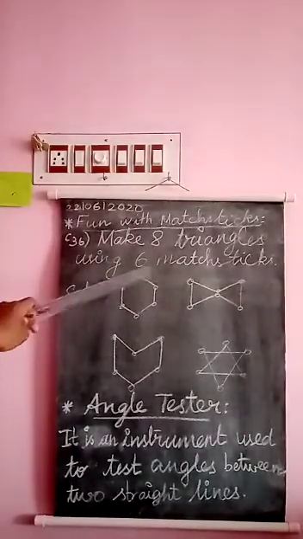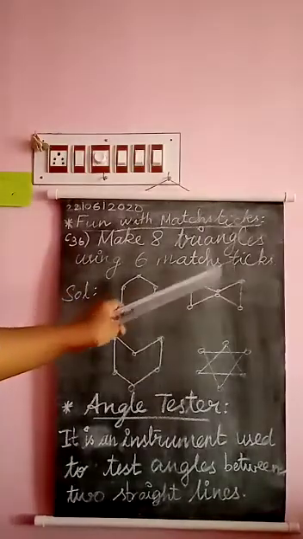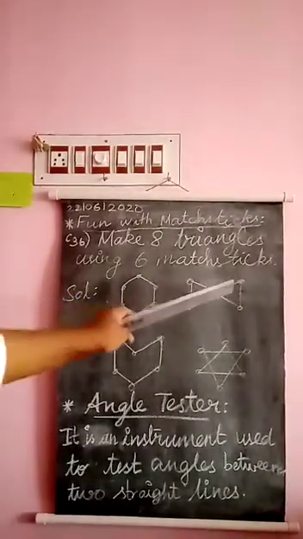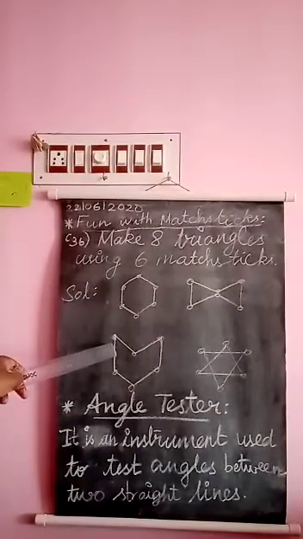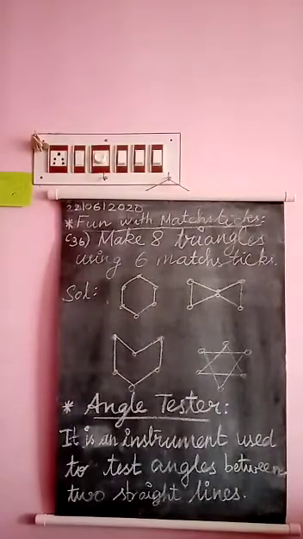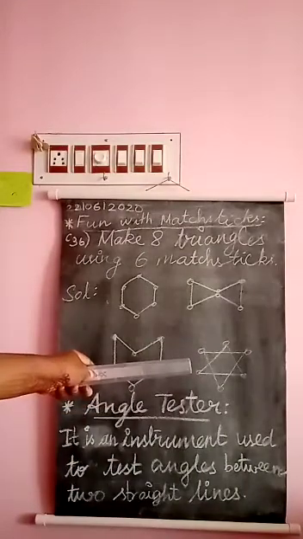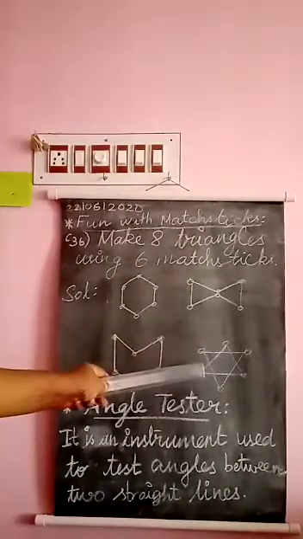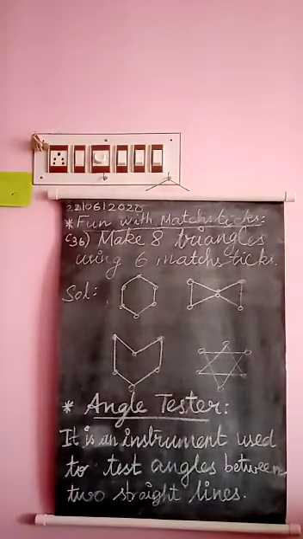Now look into this figure. 1 2 3 4 5 6 matchsticks are there, but only 2 triangles are formed. Look into this figure. 1 2 3 4 5 6 matchsticks, but no triangles. Now look here, I have arranged one triangle and another triangle in the opposite direction. So now you can count the triangles.